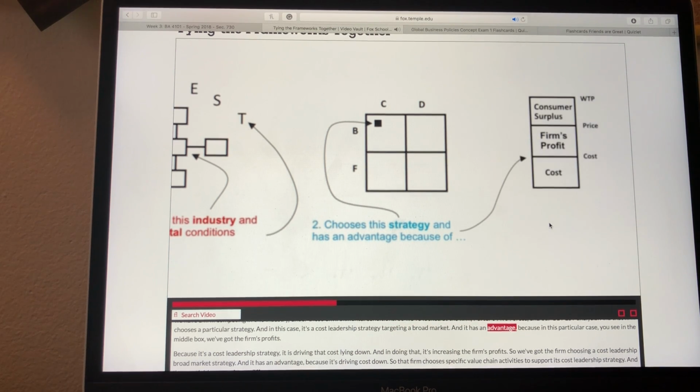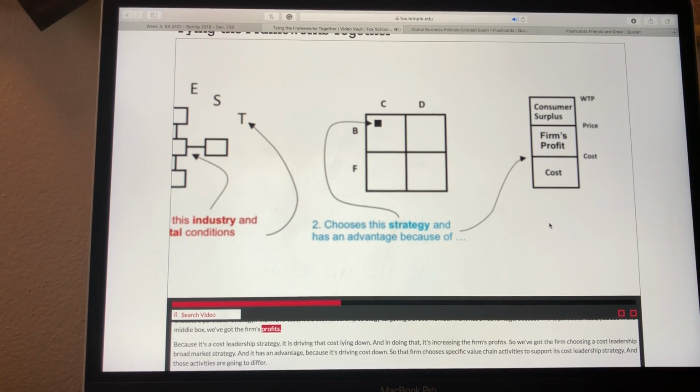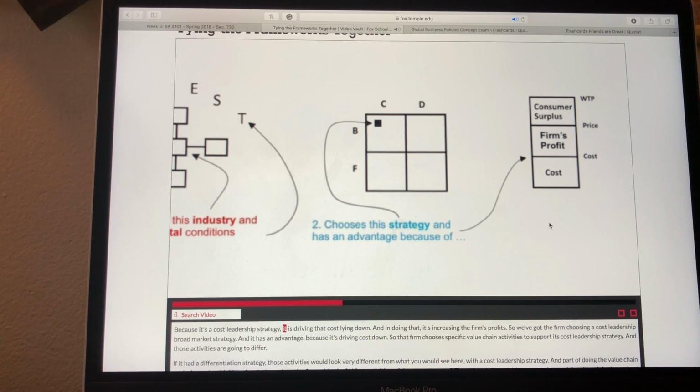And it has an advantage because in this particular case, you see in the middle box, we've got the firm's profits. Because it's a cost leadership strategy, it is driving that cost line down. And in doing that, it's increasing the firm's profits.